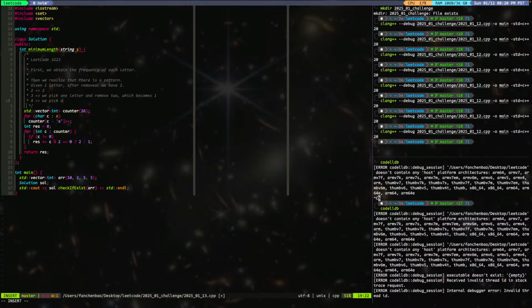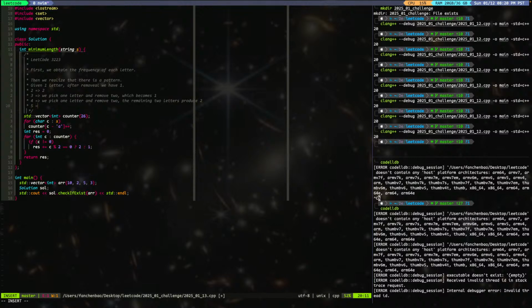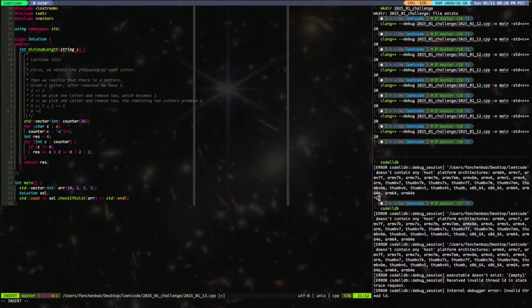We pick 1 letter and then remove 2, the remaining 2 letters produce 2. 5 minus 2 equals 3. 3 goes to 1. 6 minus 2 gives 2.